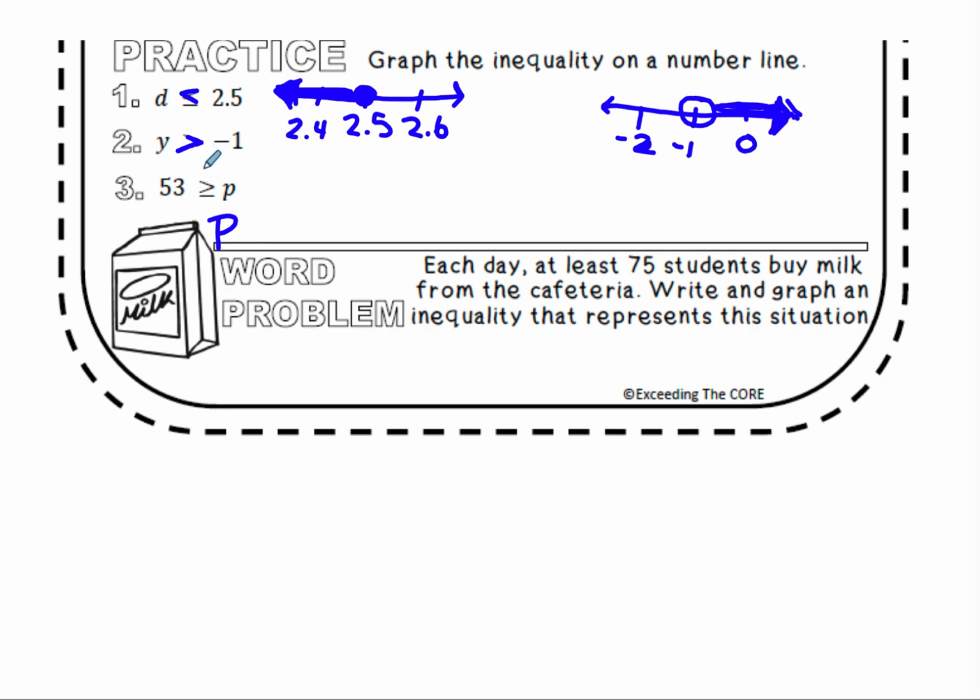When you first learn about inequalities, you learn the alligator eats the bigger number. On this one, it's the 53. The alligator wants to eat the 53. So if I change the P to come first, the alligator still wants to eat the 53. 53 is still the larger number. So our inequality sign flip-flops too. P is less than or equal to 53.